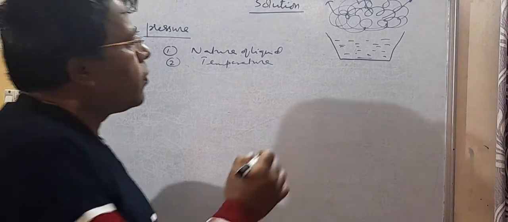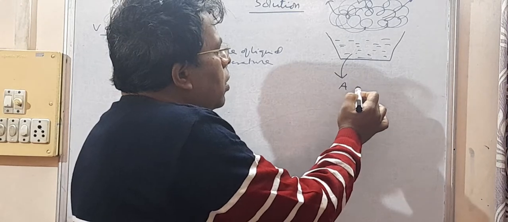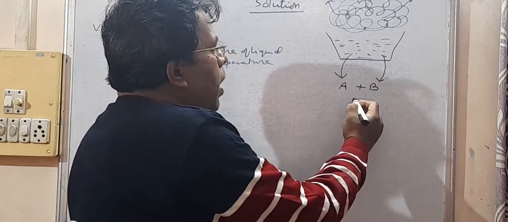Now suppose there are two liquids, A and B, so we have here a binary liquid mixture.